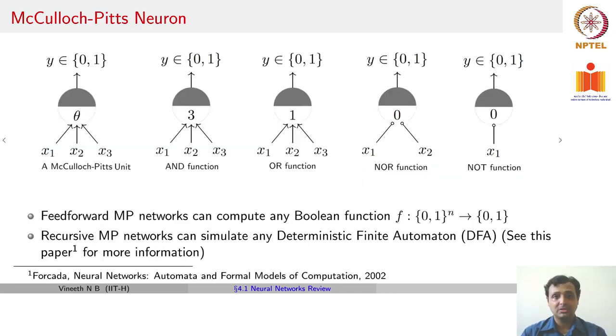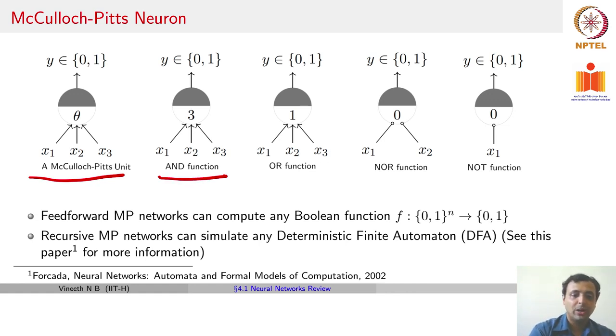Here are a few examples of how the McCulloch-Pitts model of the neuron can be used to simulate different logic gates. Here is the basic simple McCulloch-Pitts neuron. Here is the McCulloch-Pitts neuron as an AND function. So you have x1, x2, x3 which are aggregated, and a threshold which is chosen to be 3.